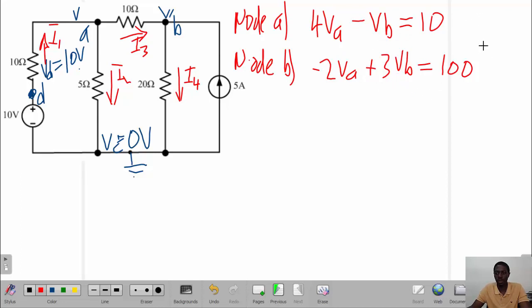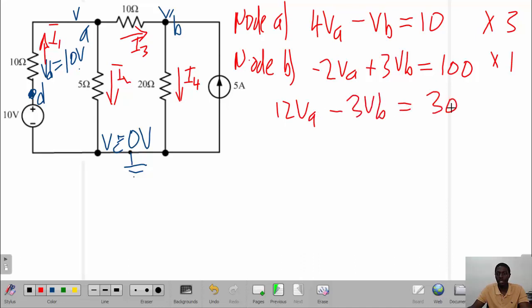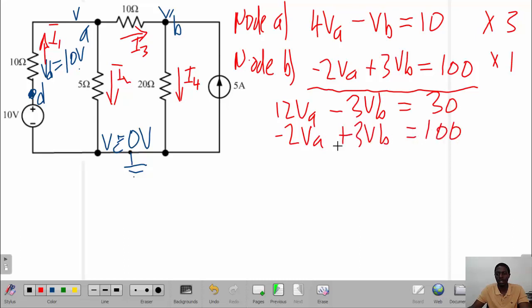So we can solve these two equations simultaneously. We can multiply the first by 3 and the second by 1. What we get here is 12 VA minus 3 VB equal to 30, and then minus 2 VA plus 3 VB equals 100.